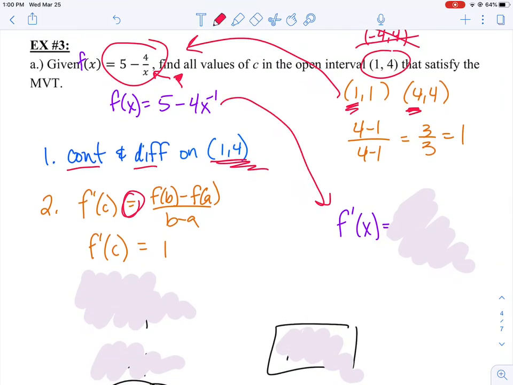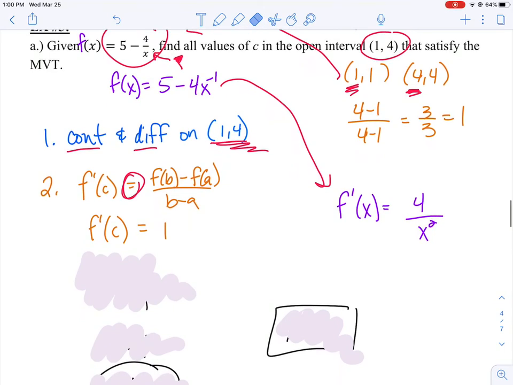And so now let's figure out that second piece and figure out what my derivative is. So I need you to take your f of x and find the derivative of that function. Making my exponents positive, I ended up getting 4 over x squared.